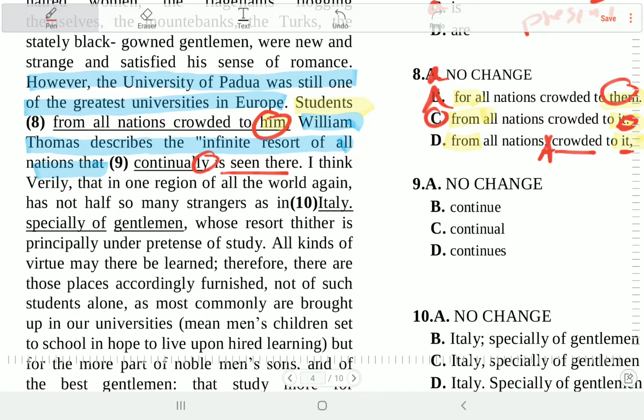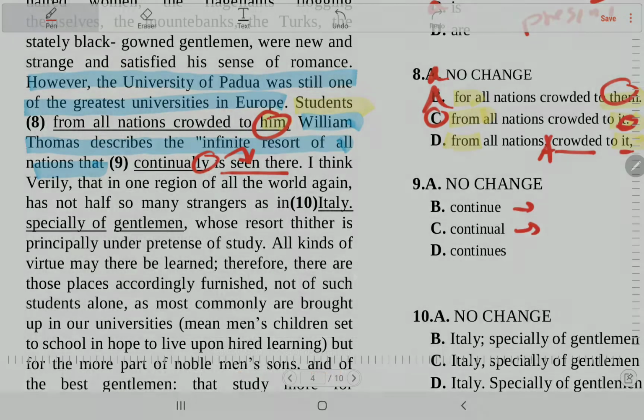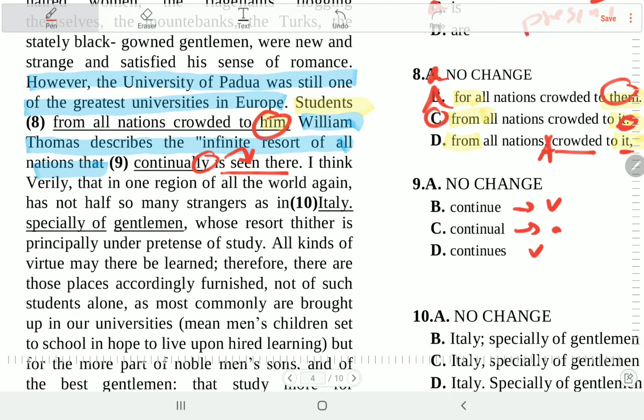Here, who does it modify? Continually seen. So do we need the adverb, or the verb continue, or the adjective continual, or continuous? We have verbs, adjectives and adverbs. See what you are describing: you modify the verb, so you need an adverb. Continually seen.